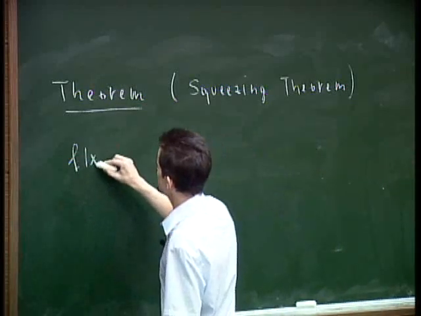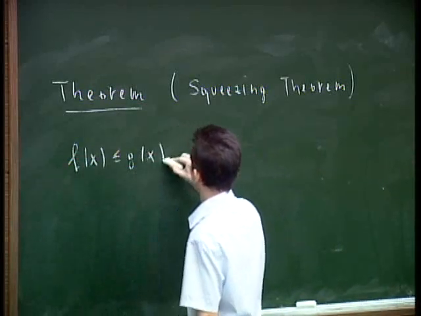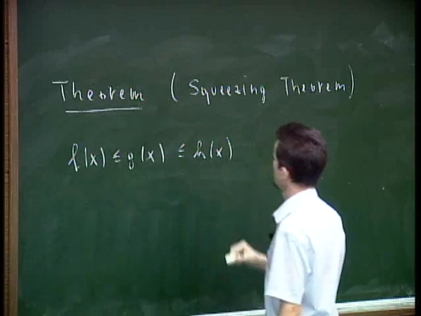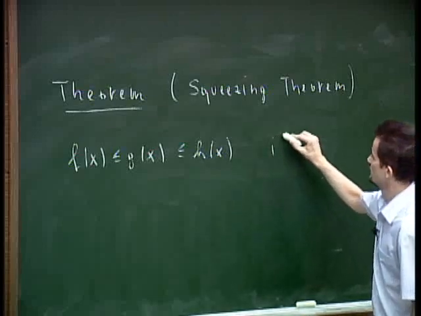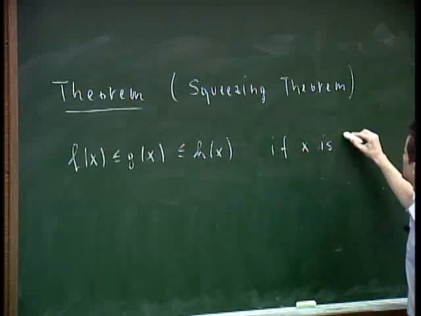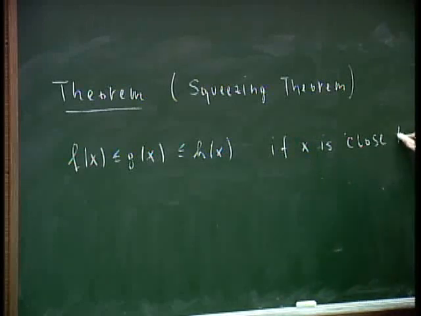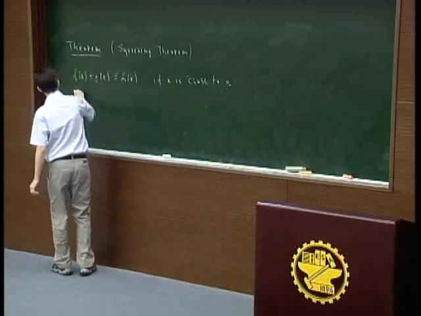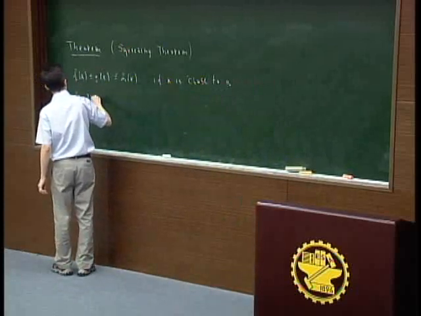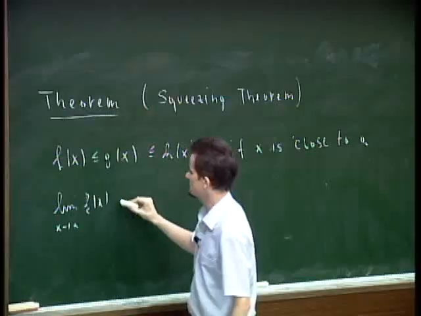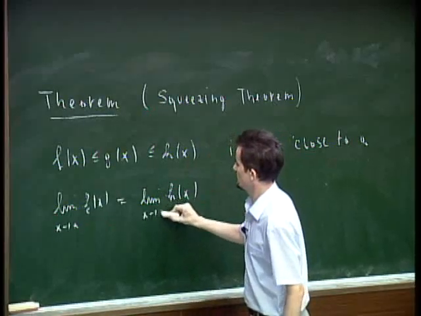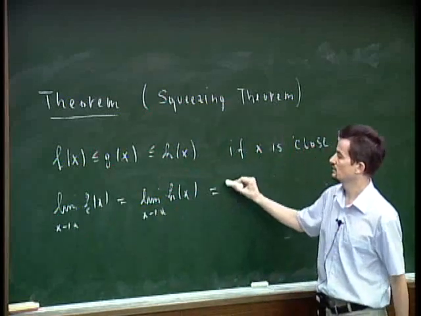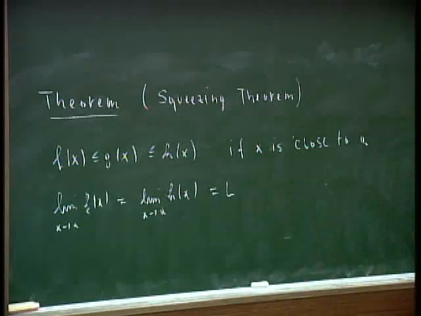If you have now three functions, and you have such a relation for those three functions, if x is close to a, and you know that the limit of f of x as x tends to a exists, and also the limit of h of x as x tends to a exists, and they are both the same, then you can prove the following.